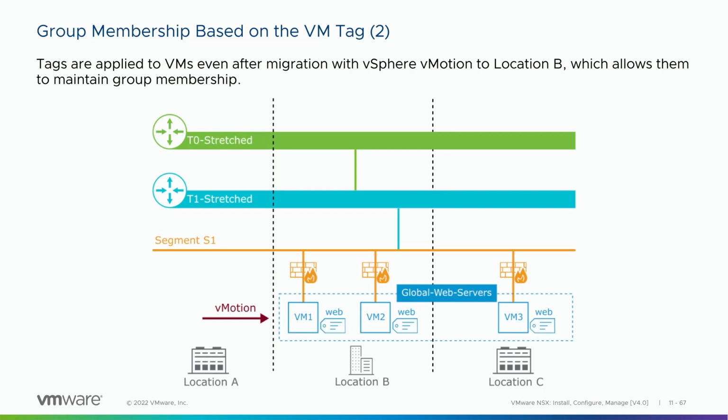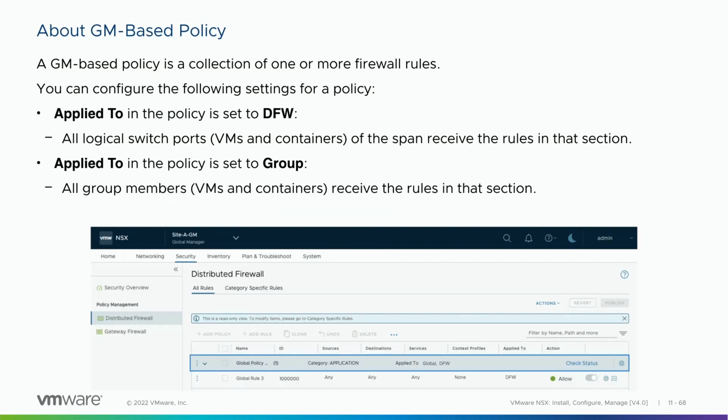There's an API-based tag synchronization that we can set up for our security groups if we're going to be doing a lot of cold migrations between locations. With the distributed firewall, once we have our groups set, we can go into security and look at our distributed firewall, and we've got in our policies an additional capability in the applied to field, right?